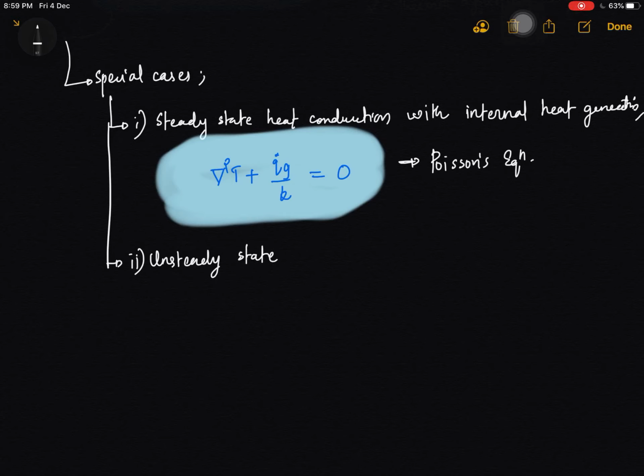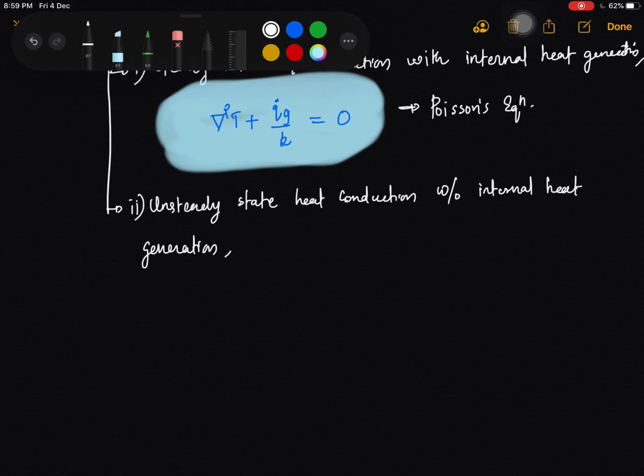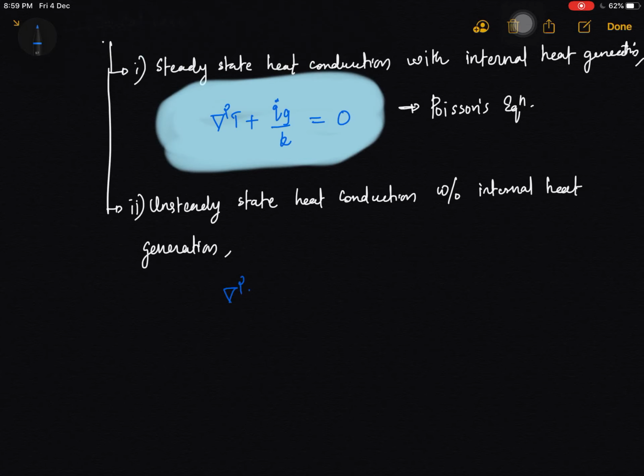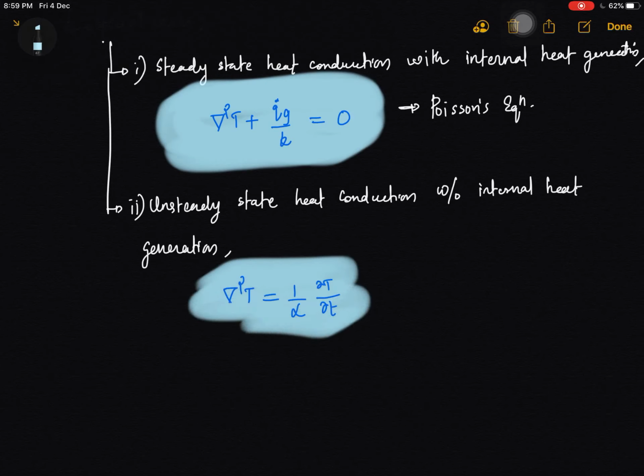Okay, so the next special case is unsteady state heat conduction without internal heat generation, and the Fourier-Biot equation will be changed into del square T equal to 1 by alpha dou T by dou t.